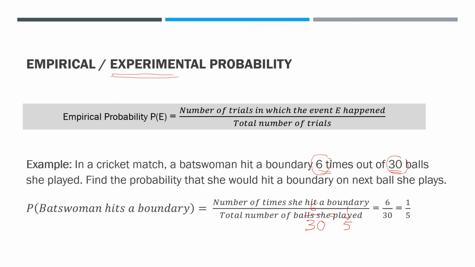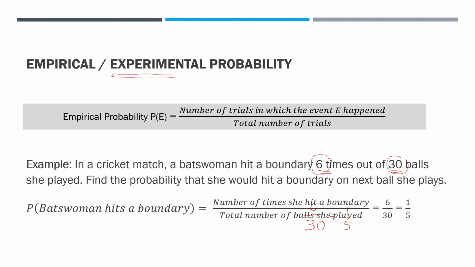So the probability is the total number of times she hit a boundary divided by the number of balls she played, which is 6 over 30, which is 1 over 5. Okay, I hope you understood this concept. We can do some more problems so that we completely understand.